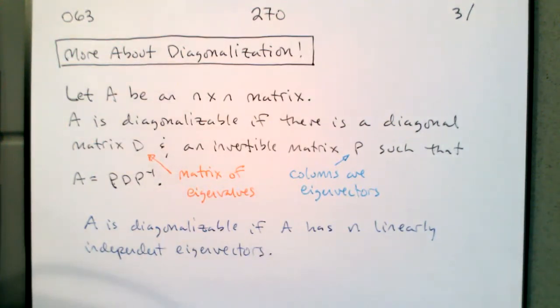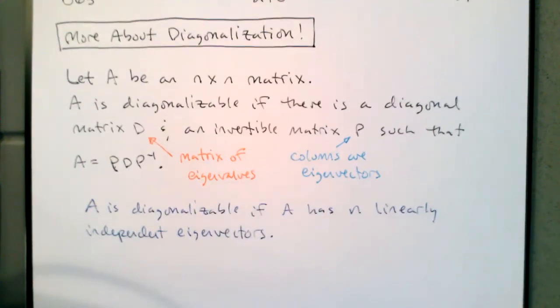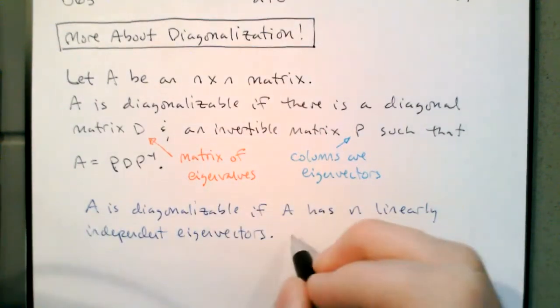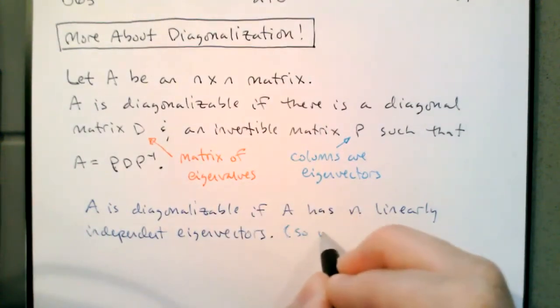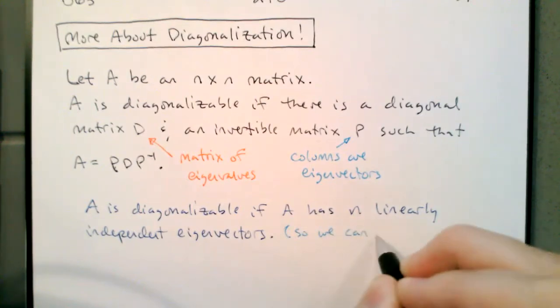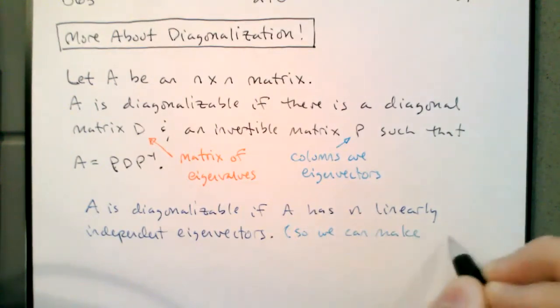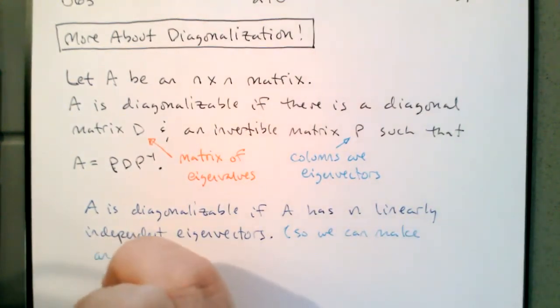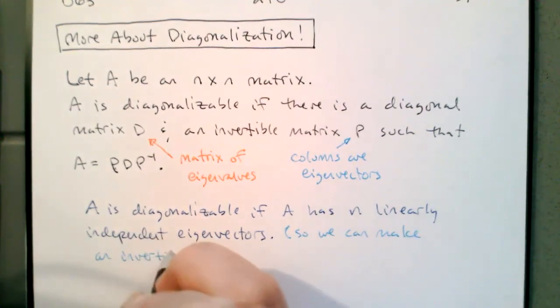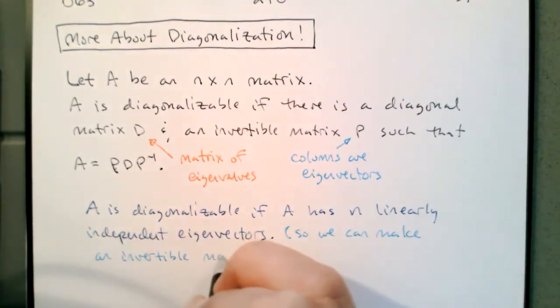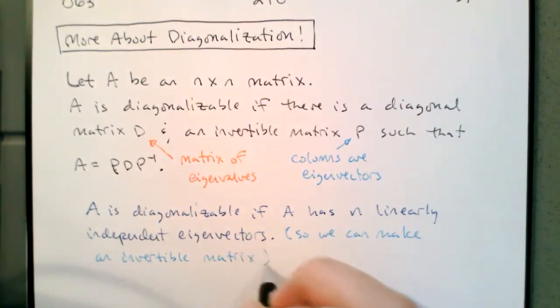We need the linearly independent eigenvectors to make the matrix, so we can make an invertible matrix.